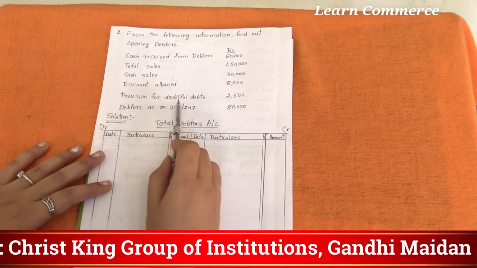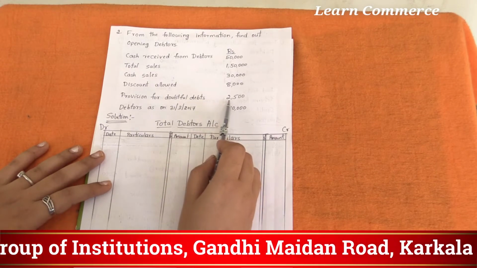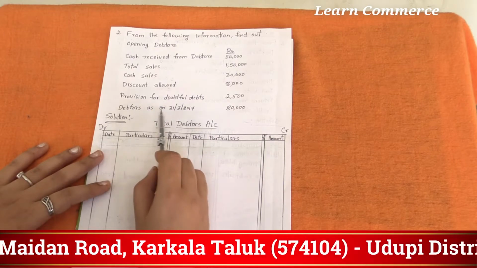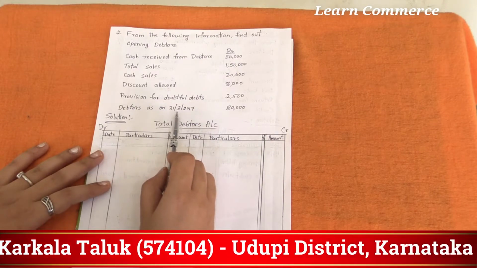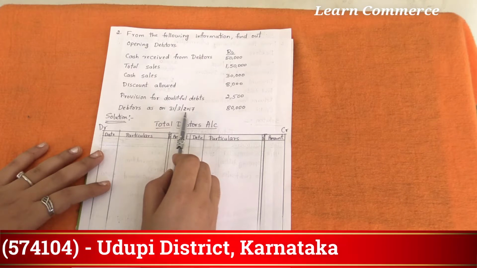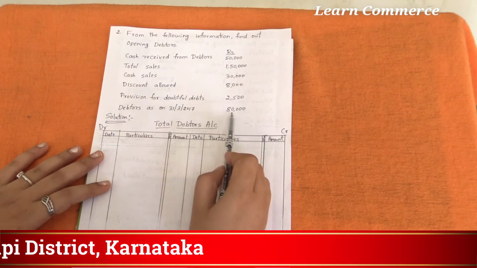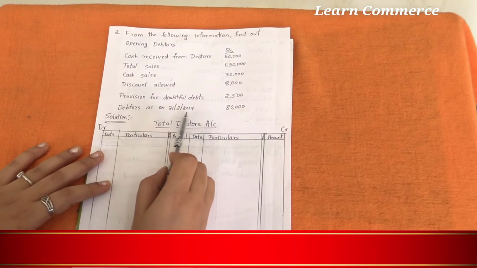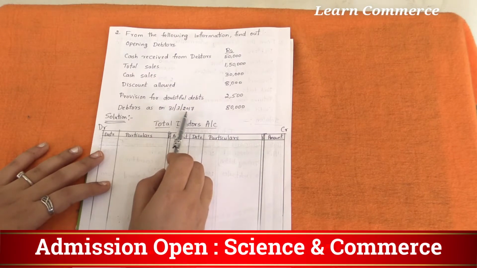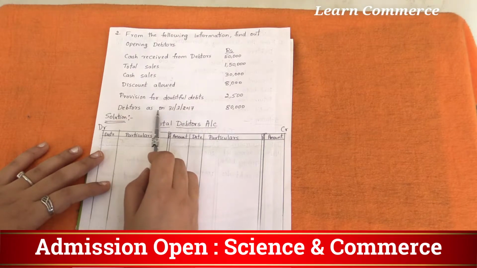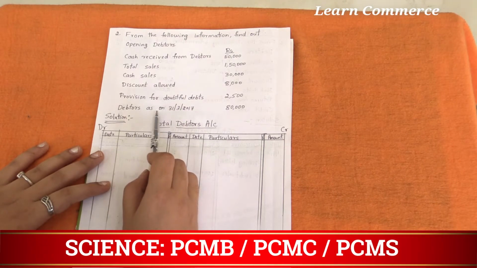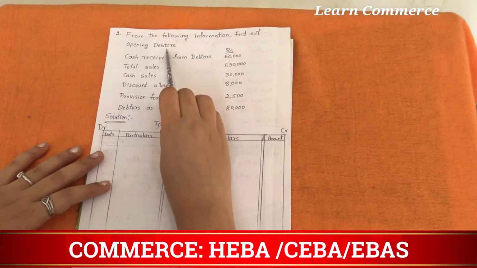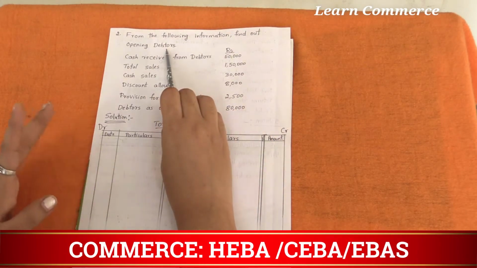Provision for doubtful debts 2,500. Then next one, debtors as on 31st March 2017, the closing date, that is 80,000. This is nothing but the closing debtors or closing balance of the debtors. So here what they asked, find out opening debtors. In this problem we have to find out the opening debtors.